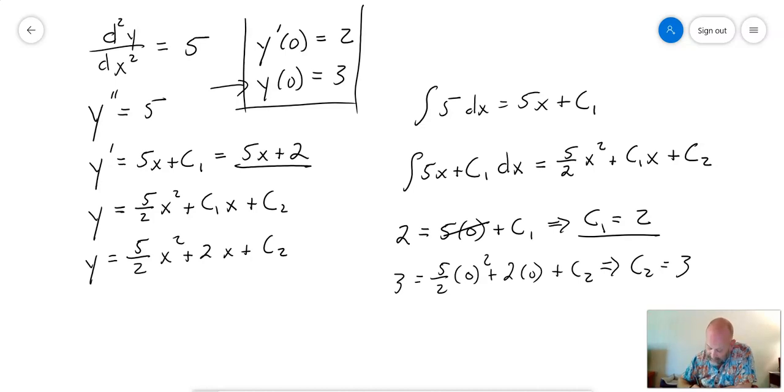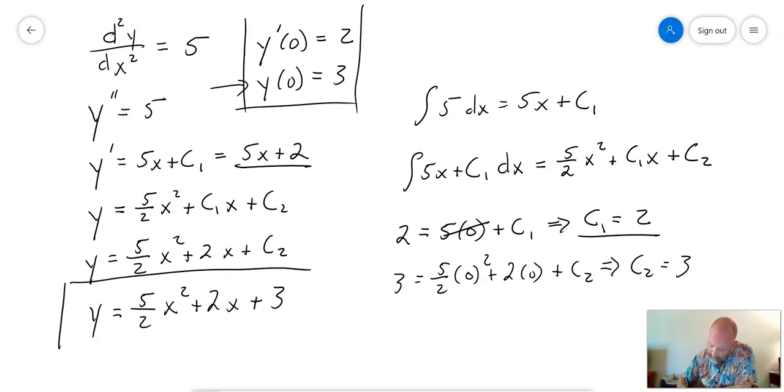I can plug in the last thing now, and I have my solution to this differential equation. y is equal to 5 halves x squared plus 2x plus 3. Basically, you use your initial values to figure out what your unknown constants are. That's the idea of this whole thing.